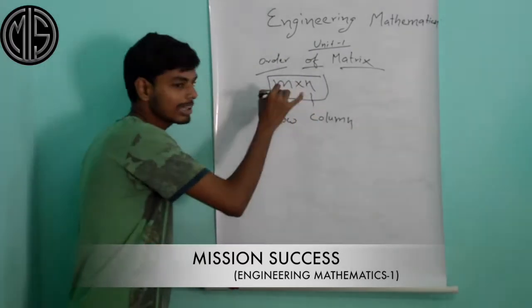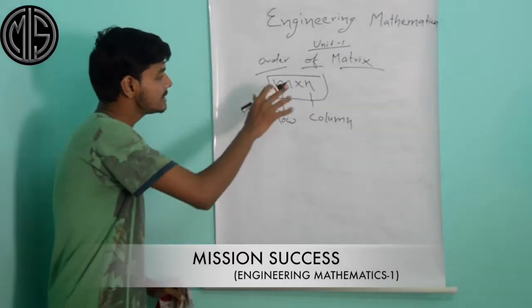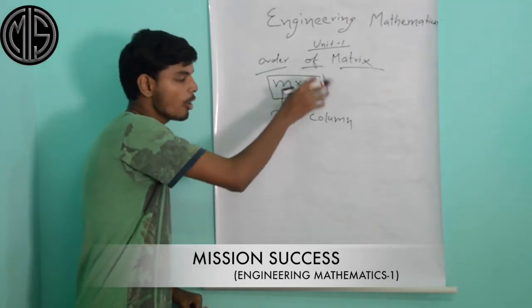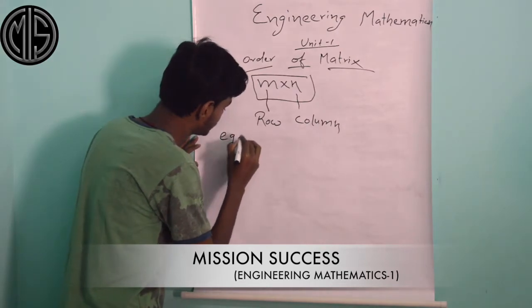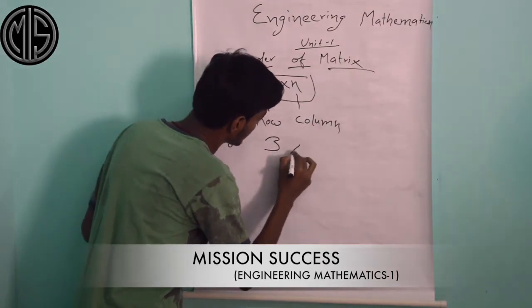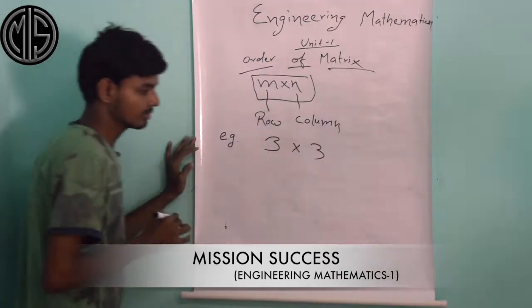And this is not a multiplication sign. This only indicates how many rows and how many columns are in this matrix. For example, this is a 3 Cartesian 3 matrix.